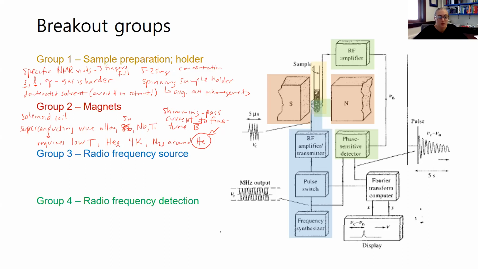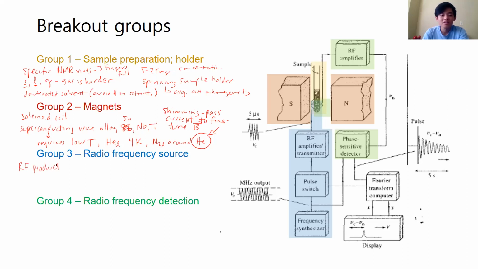Okay, let's move on to group 3 then. Yeah, so we did a little bit of a less detailed approach, but basically from what I understood, there's some radio frequency generator that generates a known frequency, and then we have a frequency synthesizer that can produce a range of frequencies based on that one reference frequency.